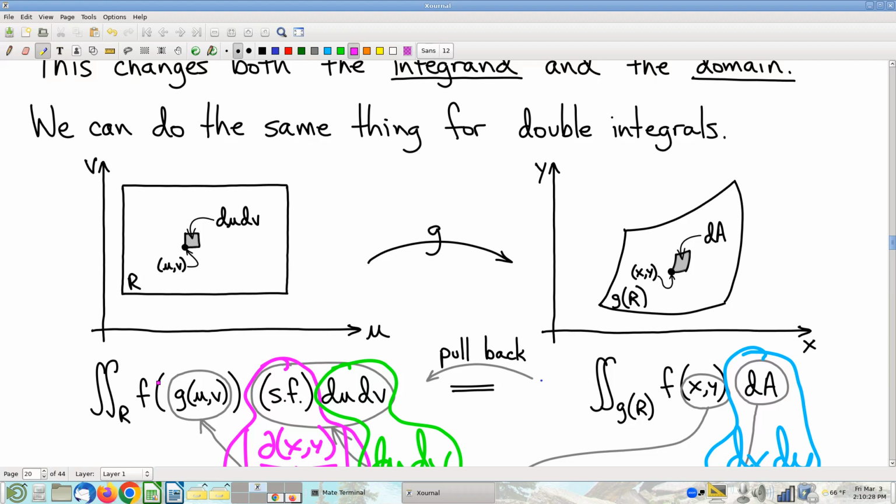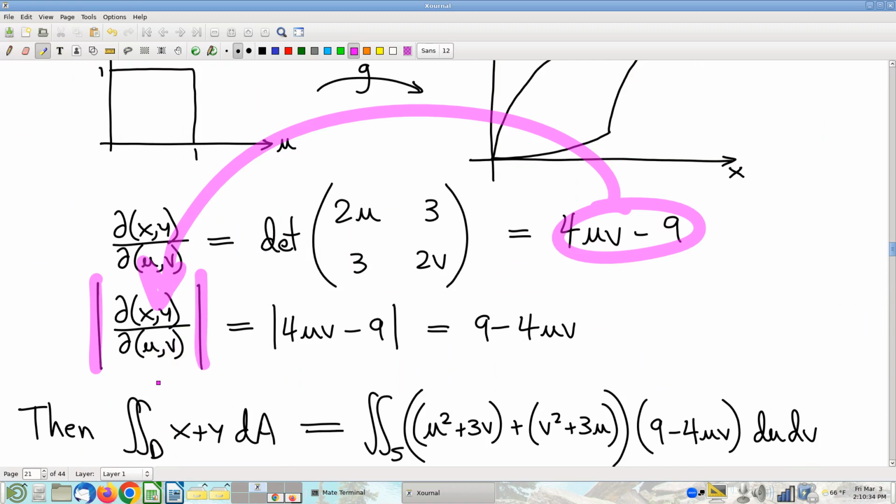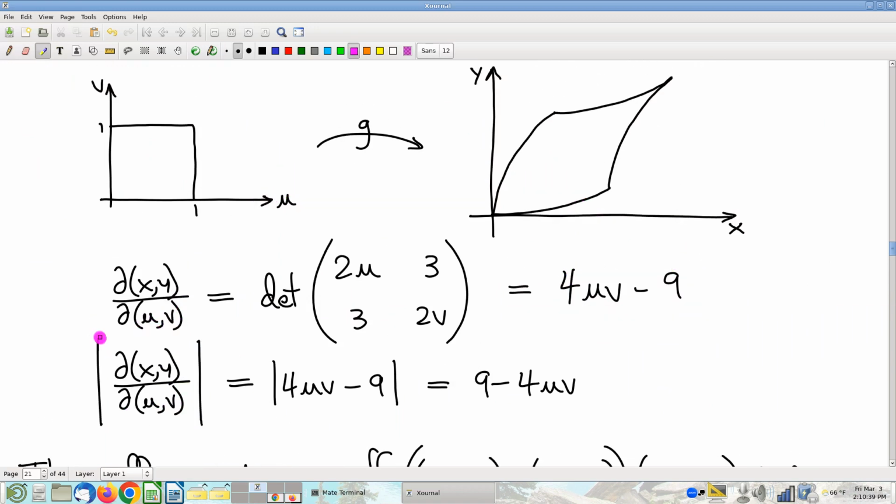If your stretching factor is negative, something's gone terribly wrong. So always absolute value. Okay, so how do we deal with the fact that there's an absolute value? What a lot of students do is just ignore it, forget it, and proceed without it. Doesn't work. Important problem in the work.